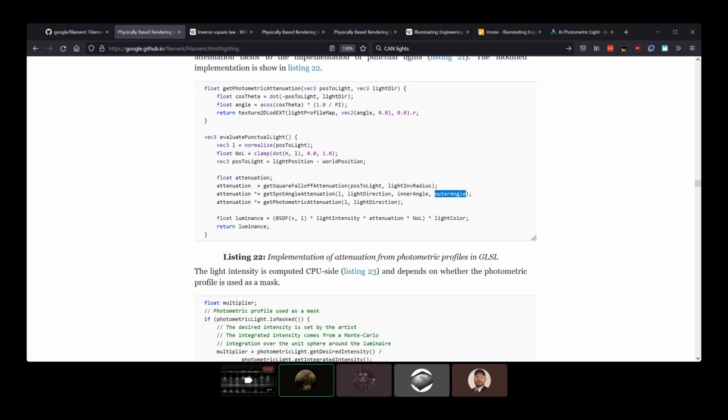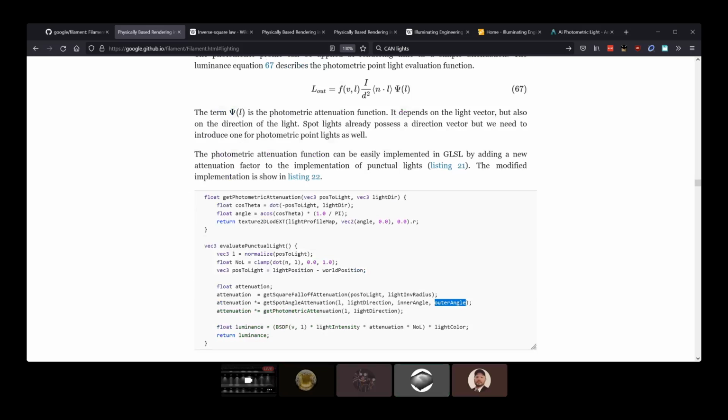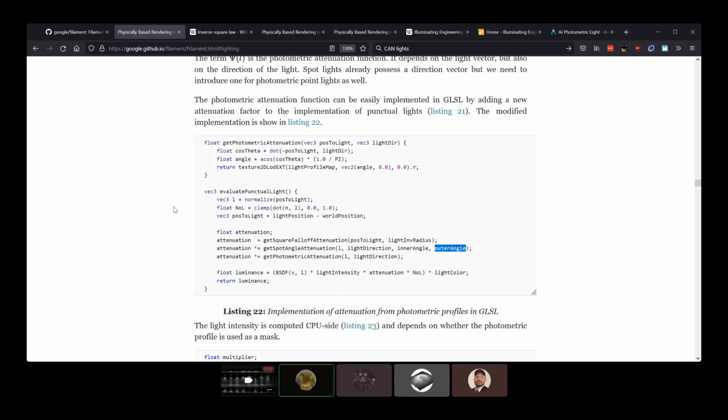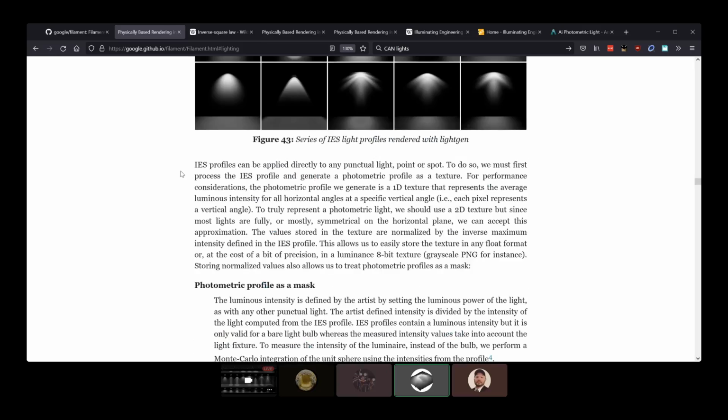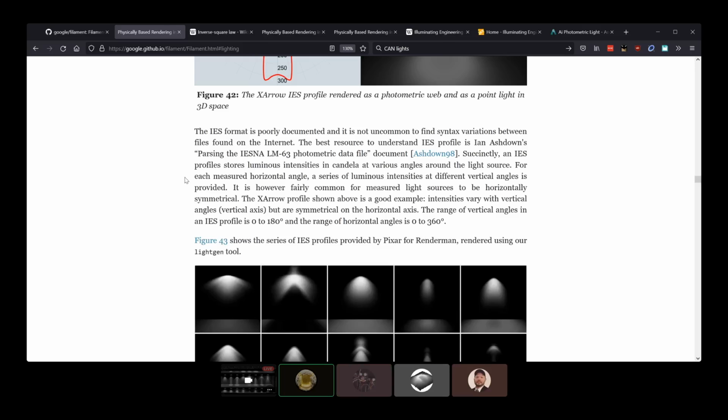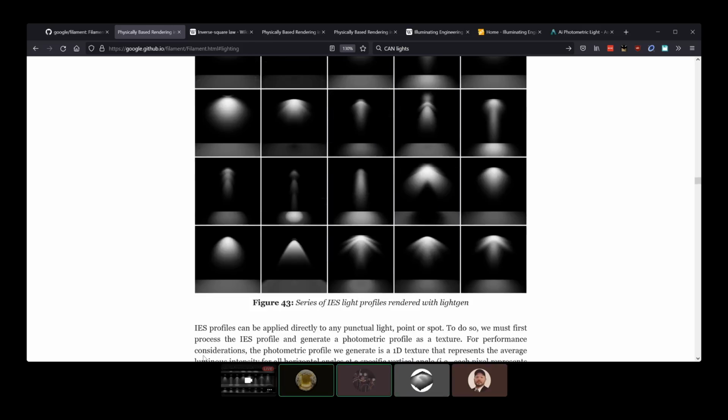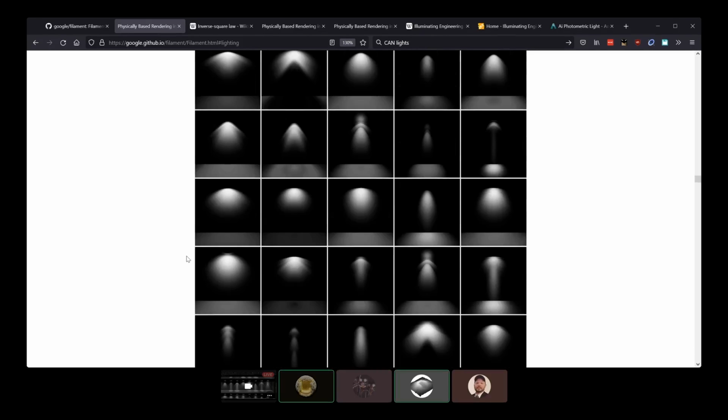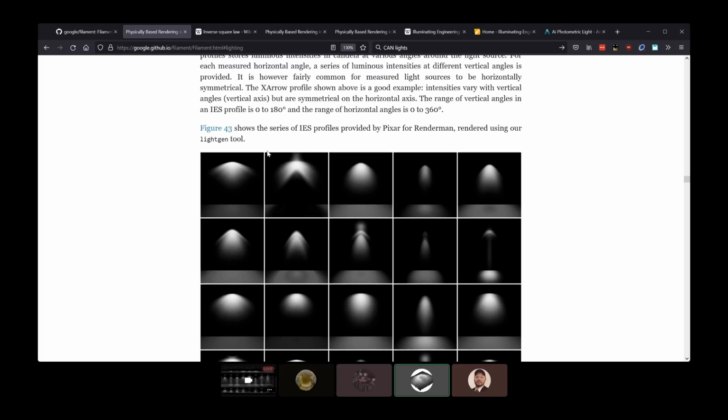Interesting. Yeah, that actually is interesting because how you apply the texture determines how much you... I would think that that would be baked into the photometric attenuation. Yep. So maybe you don't have a great intuition of it, or maybe they just let you combine them for extra flexibility. They have a whole bunch here using our light gen tool.